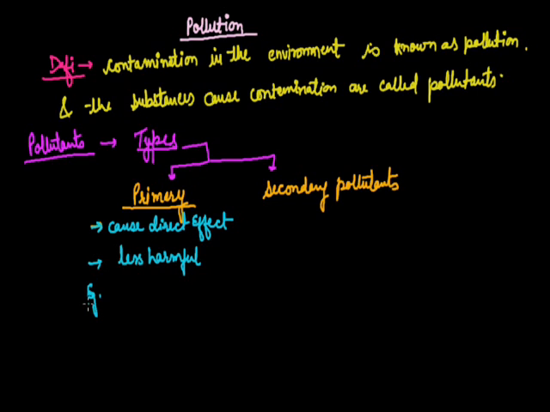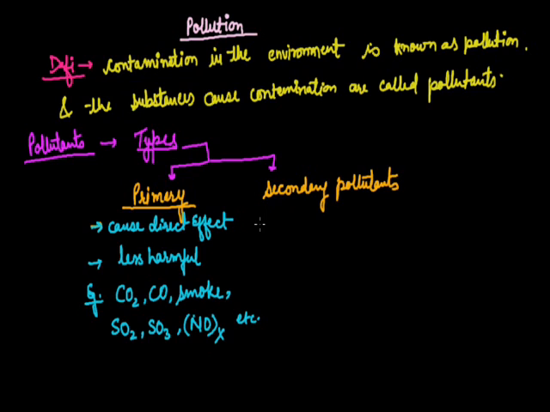Some examples of primary pollutants are CO2, CO, smoke, SO2, SO3 and oxides of nitrogen, etc.